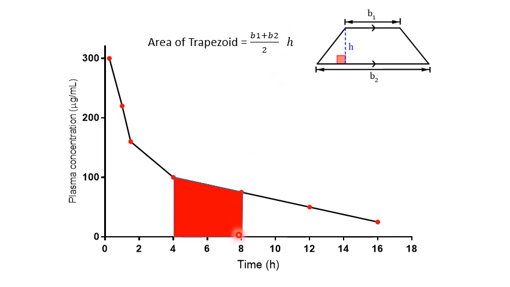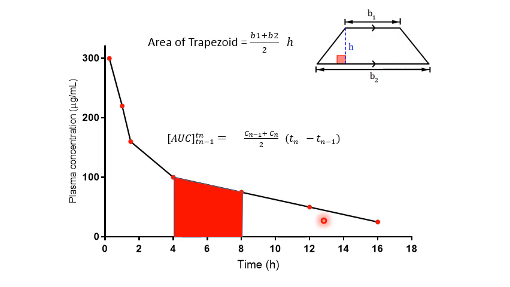If we consider that the height of the trapezoid is the time interval, and these 2 lines, the line here and the line here, are summed and divided by 2 and then multiplied by the height, we can find the area of this trapezoid simply.